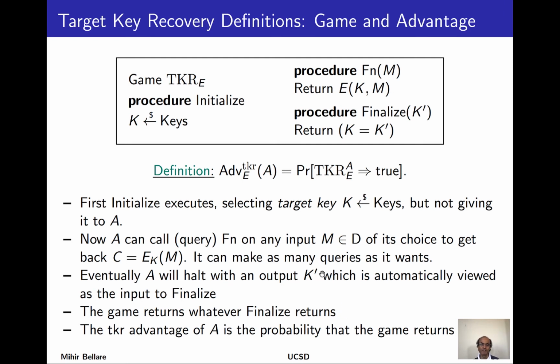Okay, so hopefully now you understand how this game executes. It's set up here through initialize. The adversary calls this procedure to get the results, but it doesn't know the key. Then it creates its guess for the key, and the game checks if it's right or wrong. Now, how the adversary does all this, subject to the rules of the game, is up to it.